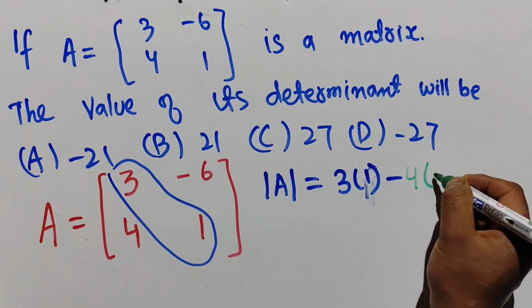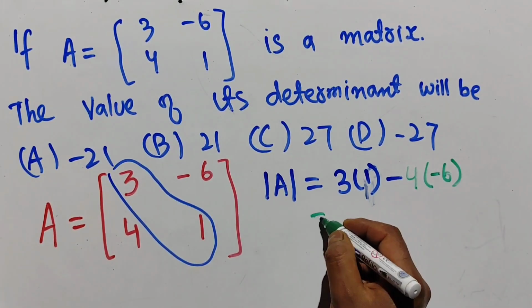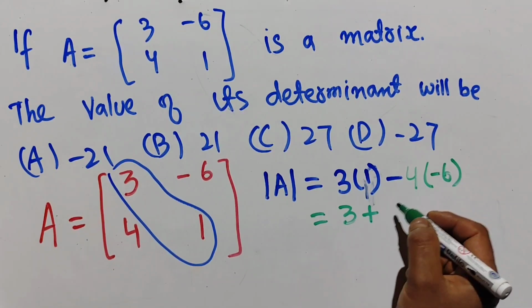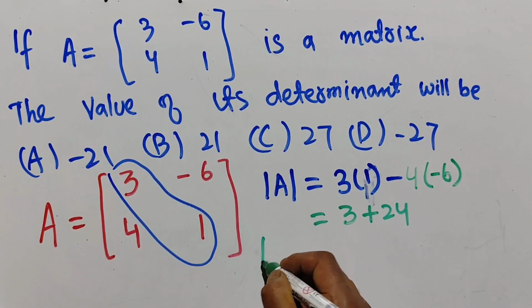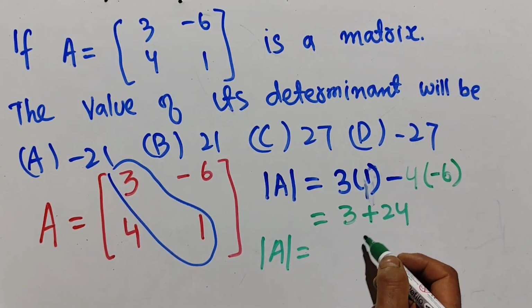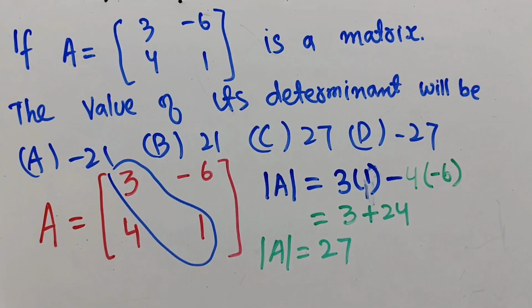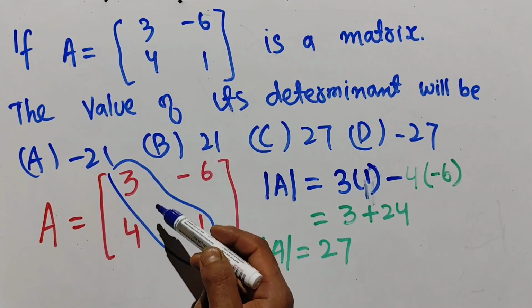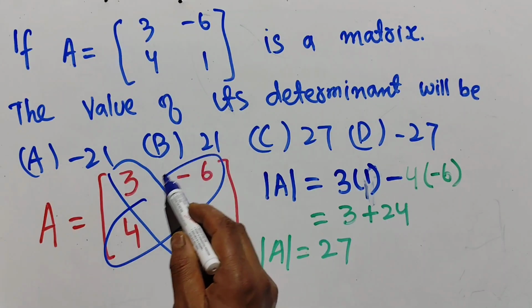So we have 4 times minus 6. Solving this, we get 3 minus into minus is plus, 6 4s are 24. So the determinant of this very matrix will be equal to 27. Okay, so given this 2 by 2 matrix, its determinant is simply the product of these two elements first, then we subtract the product of these two elements.